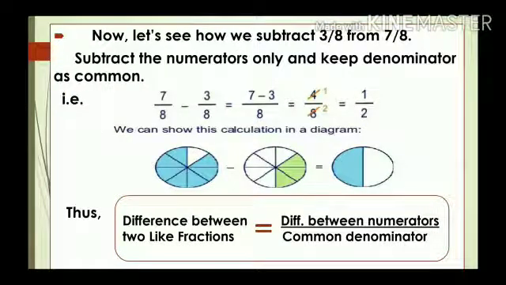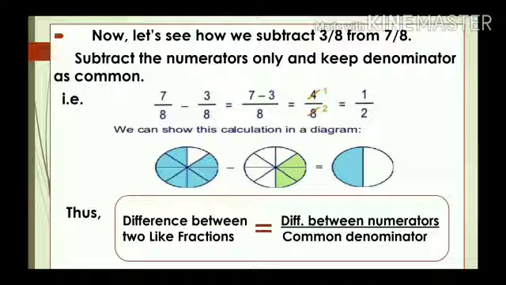Now, let's see how we subtract 3 upon 8 from 7 upon 8. So, subtract the numerators only and keep the denominator common. It is similar to addition, but we have to subtract the numerators instead of adding. That is 7 upon 8 minus 3 upon 8.